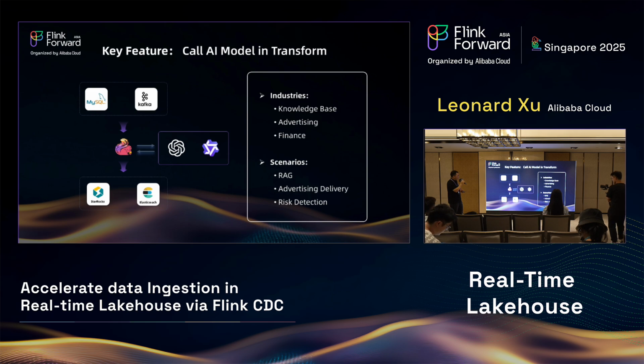Imagine this use case: you have real-time data in your MySQL table and message queue, you can read the data from MySQL and Kafka into Flink, then call the AI model in Flink, and then send the enriched data to downstream StarRocks or Elasticsearch.